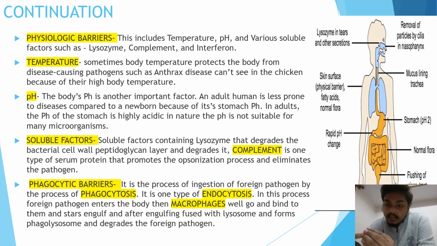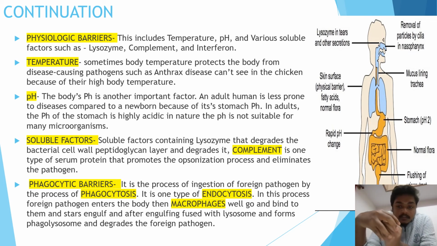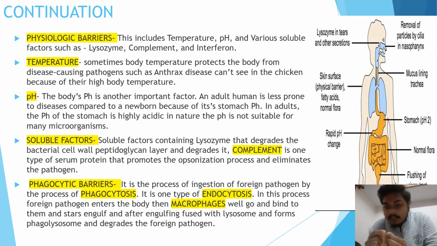Suppose this is an antigen and this is the macrophage. The macrophage will engulf the antigen and form an endosome, a vesicle-like structure. A lysosome will then fuse with that endosome and form an endolysosome. The lysosome will release different degrading enzymes that degrade the antigen present inside.